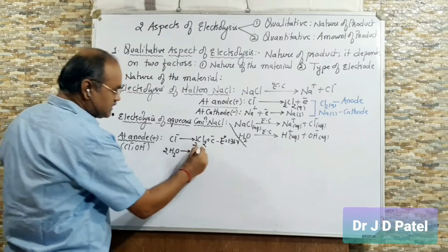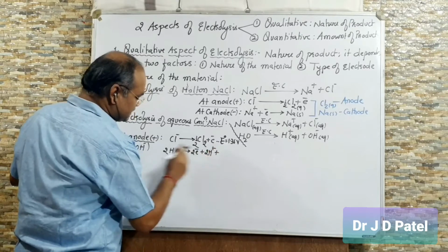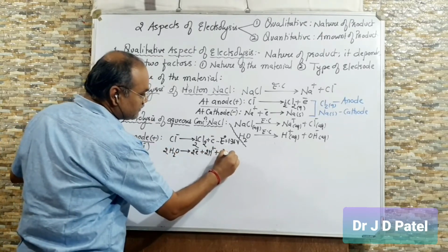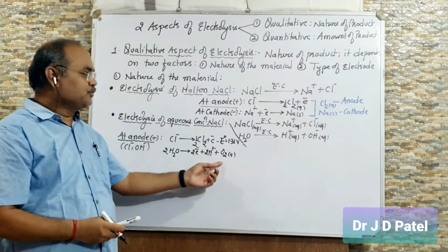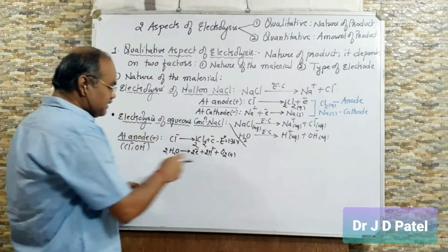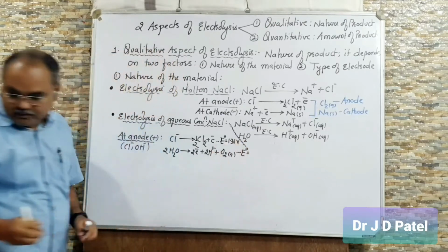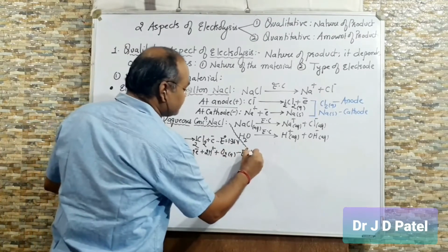If water loses electron, it becomes 2H plus, plus, what is left? O2. There is possibility of O2 gas. Now out of these two, which is correct? Here the value of water is also given. The E0 value is 1.23 volt.